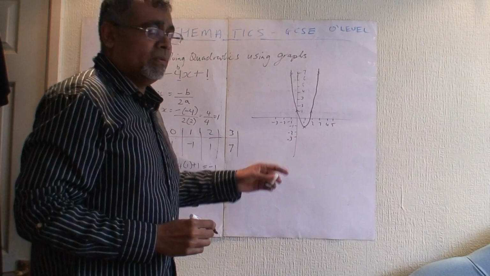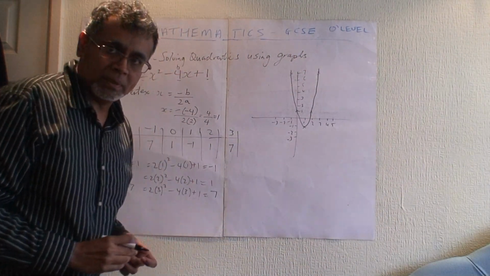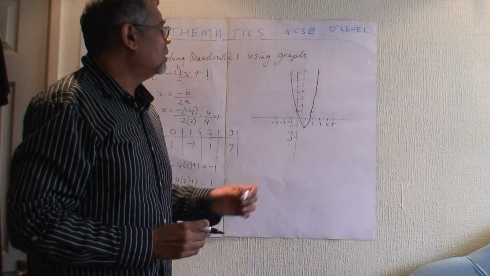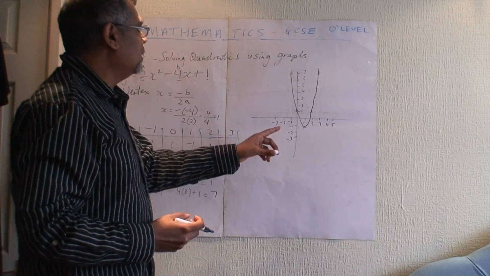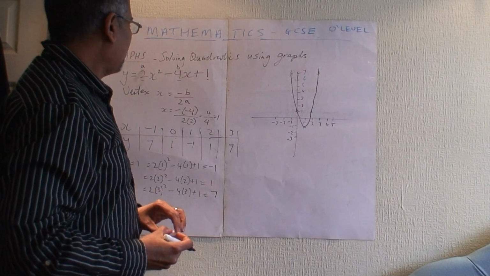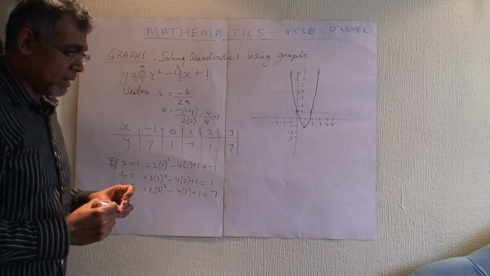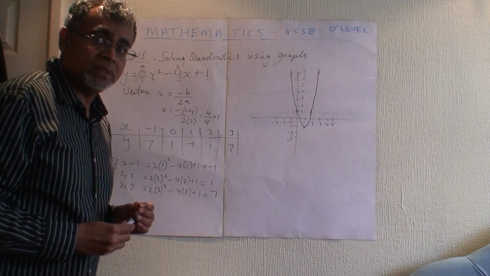Okay, so your graph will be more accurate because you'll be using graph paper, but I'm just using freehand on a board here. So that is how we solve quadratic equations using graphs.